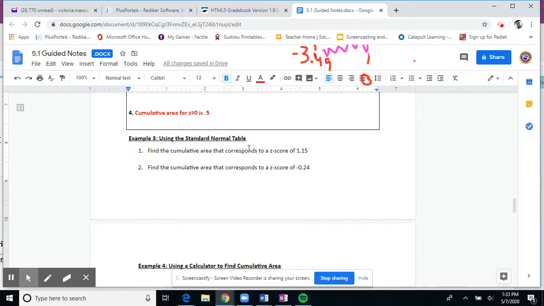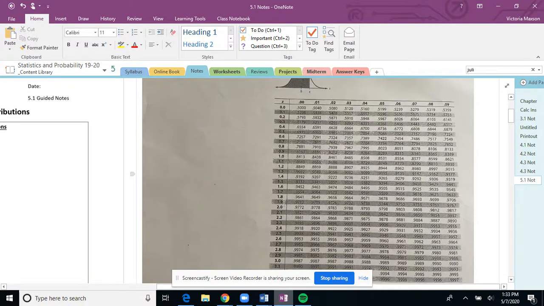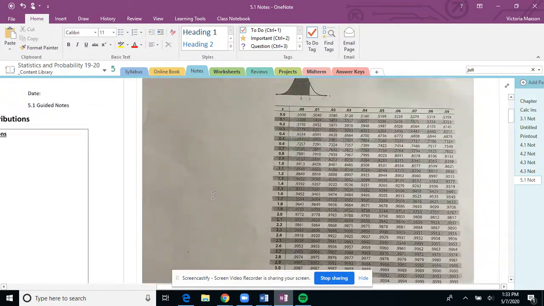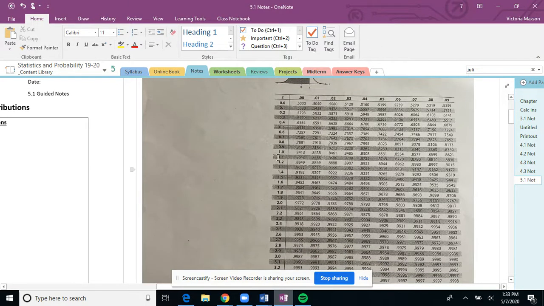Using the standard normal table is how we find the area under the curve from left to right. Find the cumulative area that corresponds to a z-score of 1.15. That means the area starting at the left of the curve. So we need to use our z-score charts. You'll notice I have positive z-scores and negative z-scores. The positive are the first page. It asks for 1.15, so on the left we look for 1.1, right here.